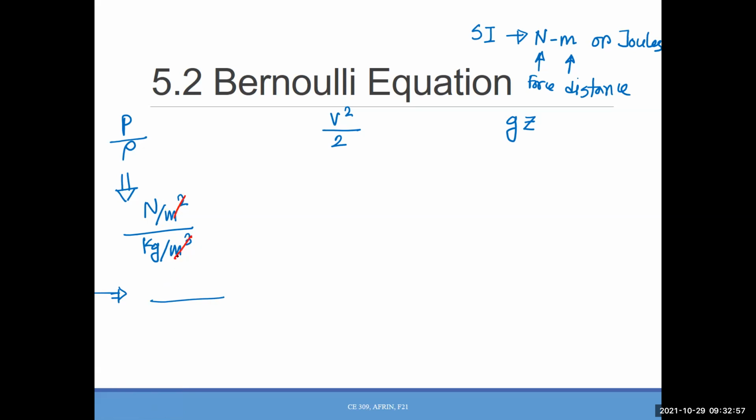So you are having 1 meter. So finally, what do we have? We should get just Newton meter, not any kg or something like that. We are having that here, right?